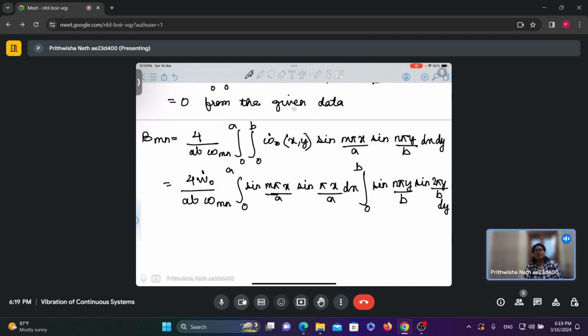Now again we will use the similar relation which we used for the first problem.